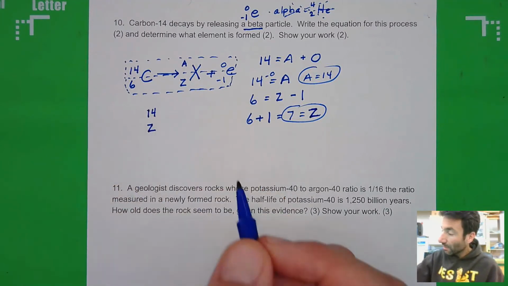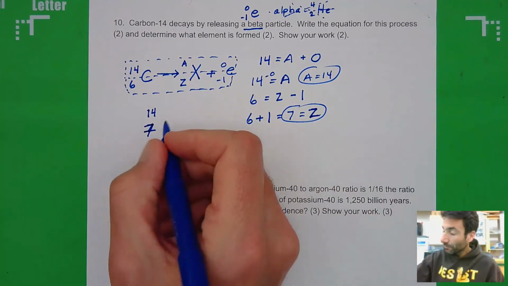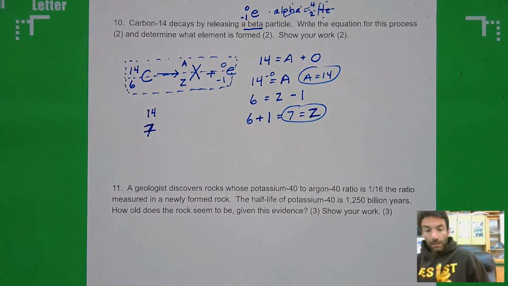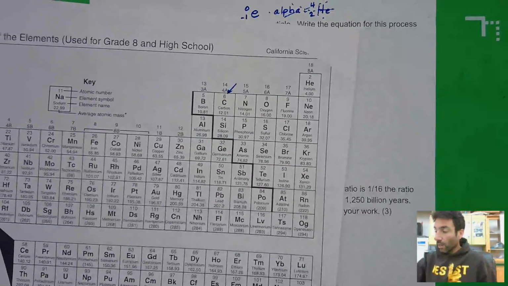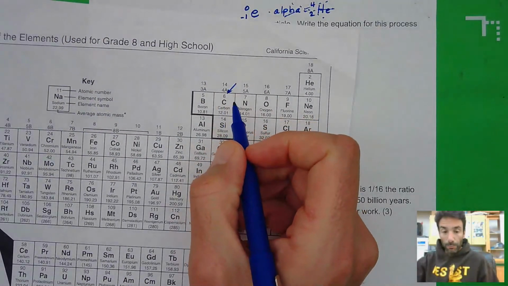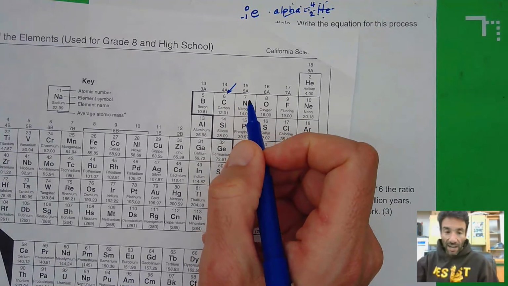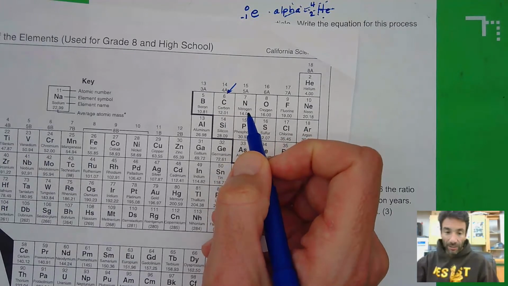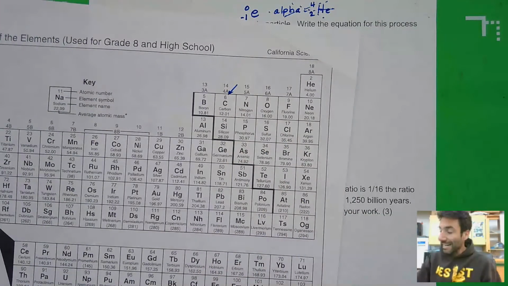Whoops, 7, excuse me, 7. What is X? So I look back at my periodic table. Well, the 7 is the important part because that is the atomic number, and it's always going to identify for us what element this is. And we can see here that 7 is nitrogen.